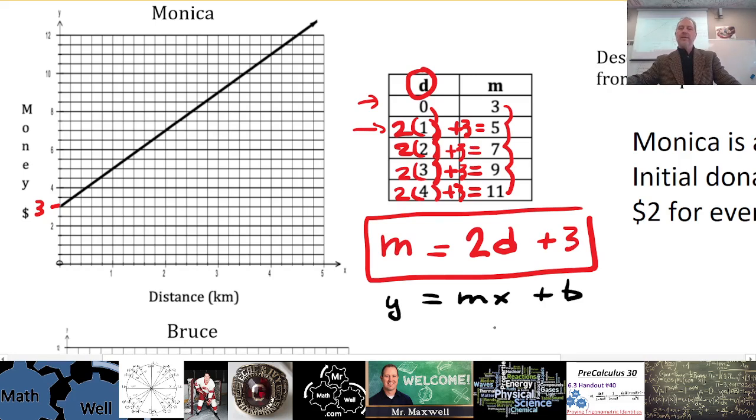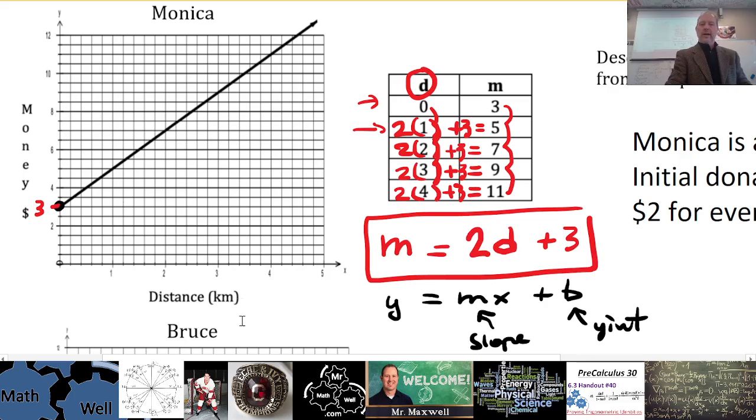And we said that m was the slope of the line, which this is the slope of the line. It's a slope of 2. And what was b again? What was b from yesterday? Anybody remember? It was the y-intercept. Okay, so we have the slope here, and we have the y-intercept. And look at that. This graph intercepts the y-axis at 3.